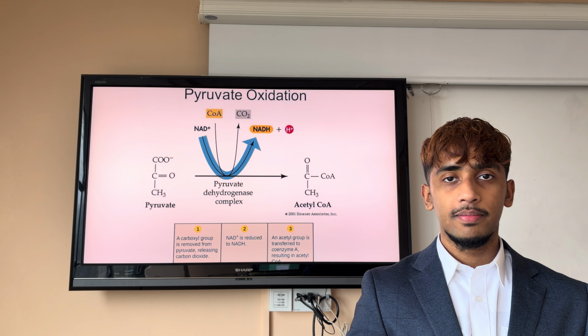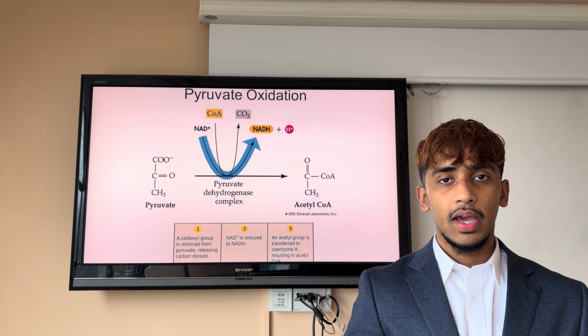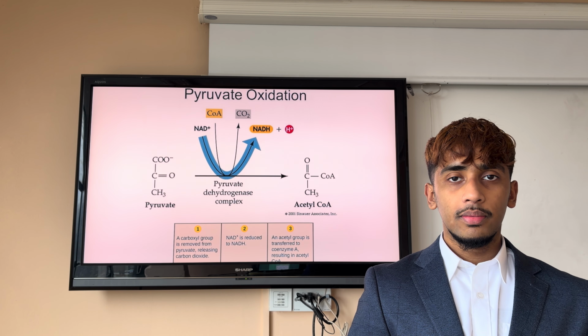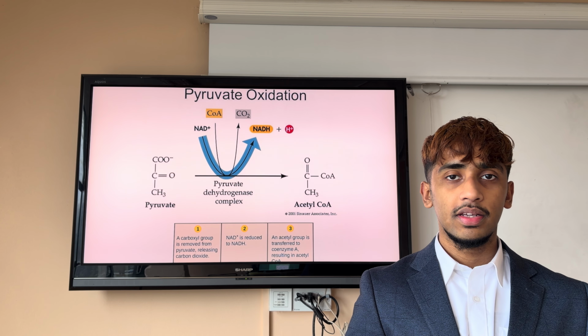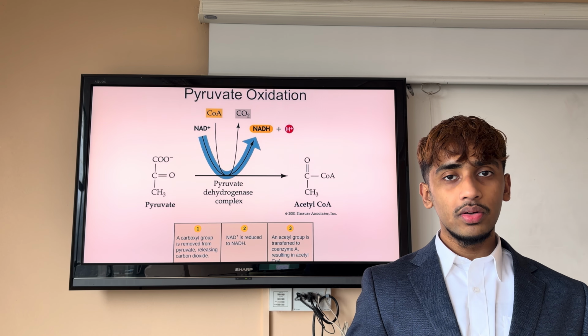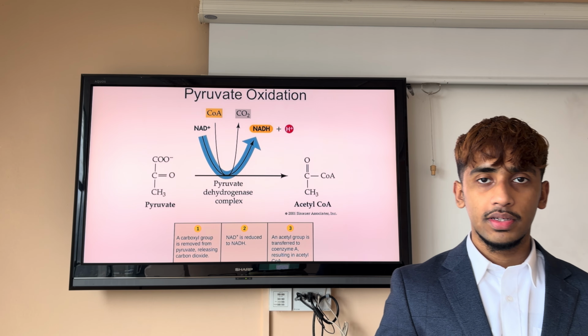At the same time, NAD+ is reduced to NADH, again capturing high energy electrons. The remaining 2-carbon fragment is attached to coenzyme A, forming acetyl-CoA. This step is irreversible and highly regulated. Since 1 glucose produces 2 pyruvate, everything here happens twice.